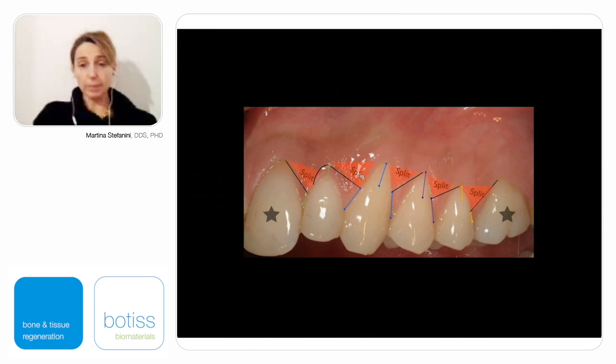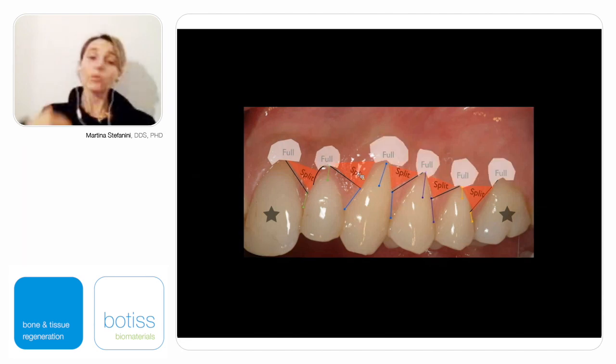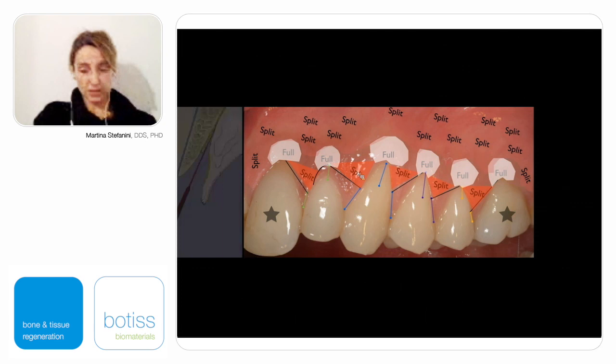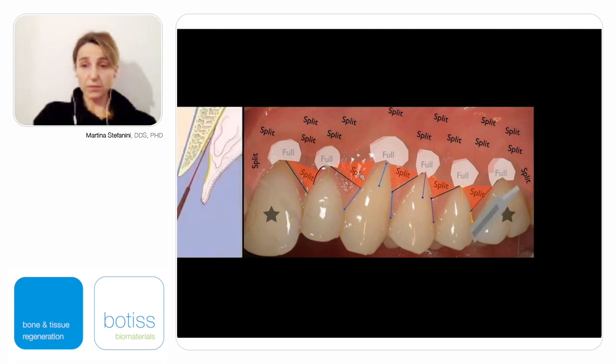So once the papillae are elevated split thickness, we have the full split thickness as in the treatment of single gingival recession, and then deep and superficial split thickness to obtain the coronal advancement of the flap.